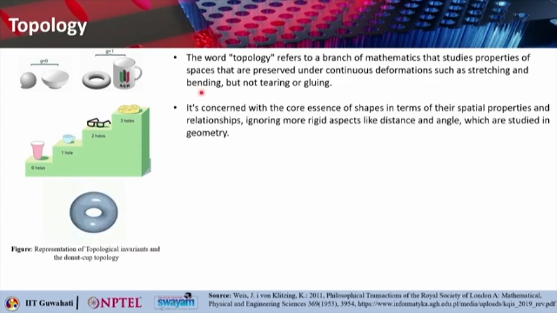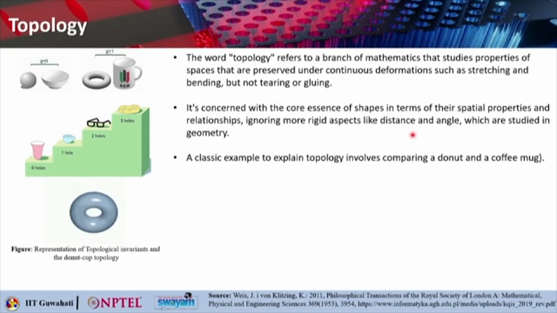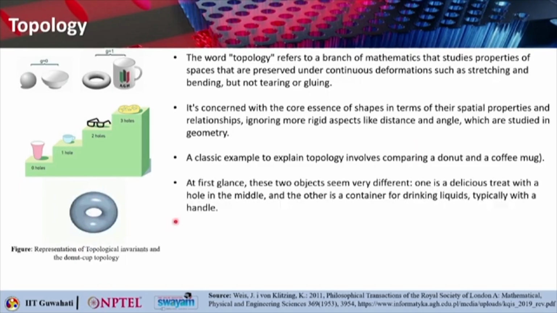It is concerned with the core essence of shapes in terms of their spatial properties and relationships, ignoring more rigid aspects like distance and angle, which are studied in geometry. One classic example involving topology is comparing a donut with a coffee mug, as you can see here. At first glance, the two objects look very different.